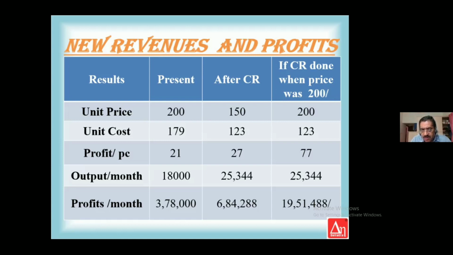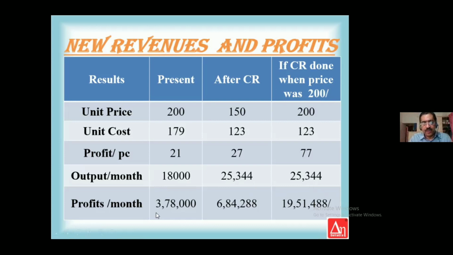So you see, with the same infrastructure, we eliminated a lot of constraints, and we are able to improve the output by approximately 40%. From 18,000, we are able to achieve 25,344, an improvement of 7,344 pieces, which is approximately 41%.